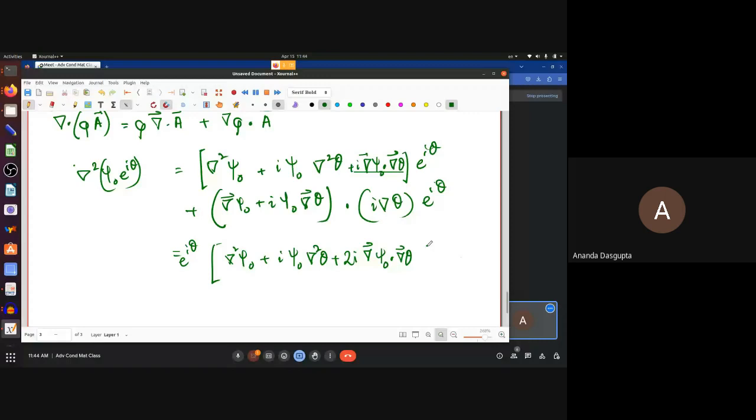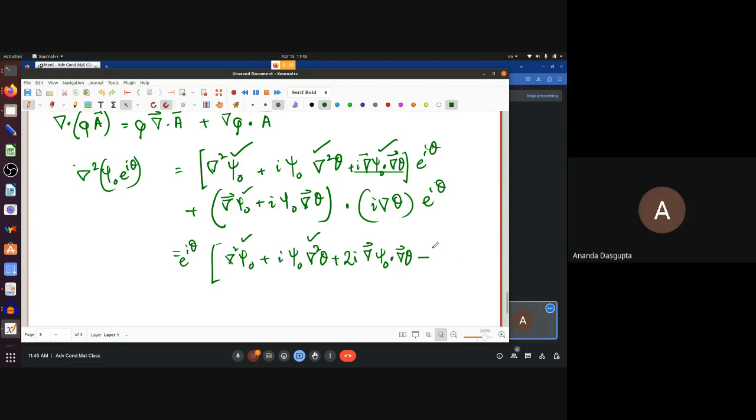I've taken this here and here. Taken this one and this one. So of course there's one more term, and what is that? i squared psi 0 grad theta squared.